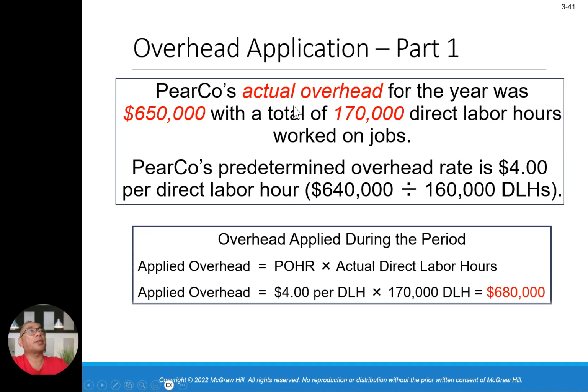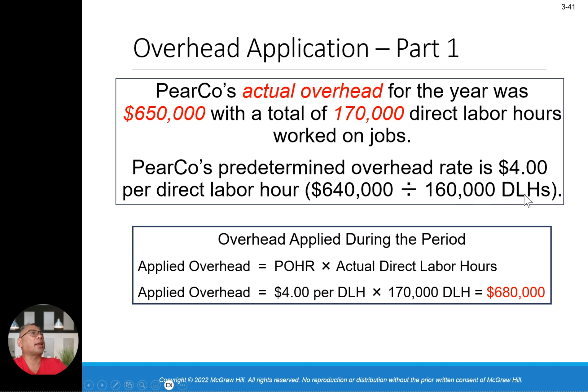Overhead application. PeerCo's actual overhead for the year is 650,000. Total work is 170,000 direct labor hours worked. So how are you going to determine the overhead? That is $4 per direct labor hour. So how are you going to do that? 640 divided by 160.